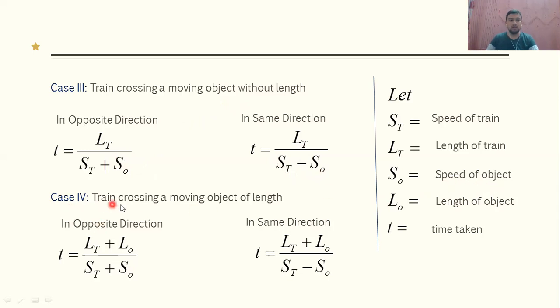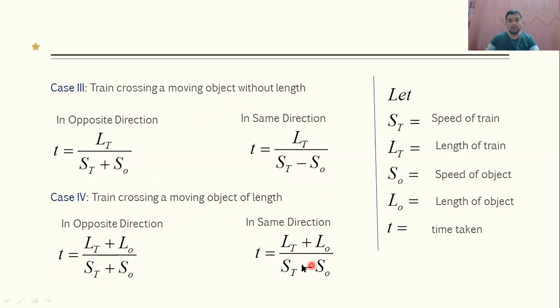Next, case number 4. Train crossing a moving object of length. So now the object is moving as well as it has a certain length. In that case, if the train and object are moving in opposite direction, T is equal to LT plus LO upon ST plus SO. Again, opposite direction, there will be summation.